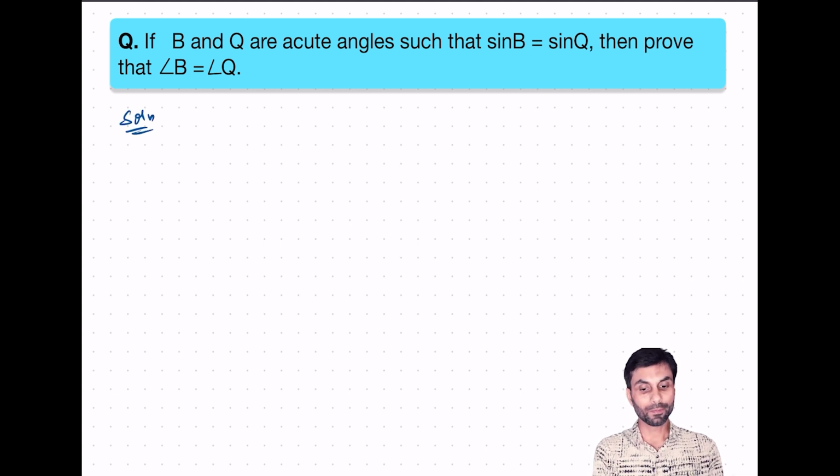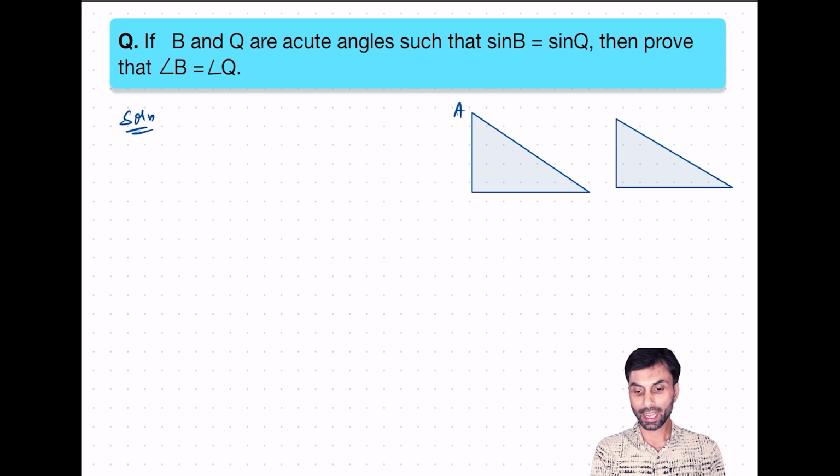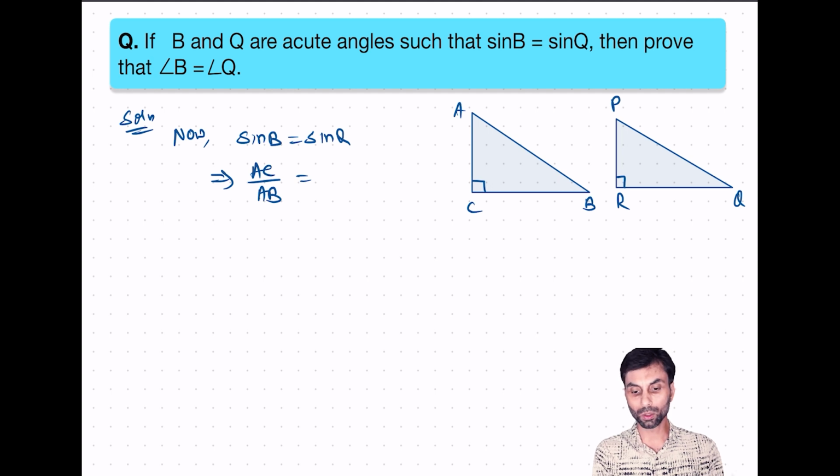In order to prove it, we are going to draw two triangles ABC and PQR. Now it is given that sin B equals sin Q. Sin B will be opposite AC upon hypotenuse AB, which will be equal to sin Q, which is PR upon PQ, which we can write as AC upon PR equals AB upon PQ.